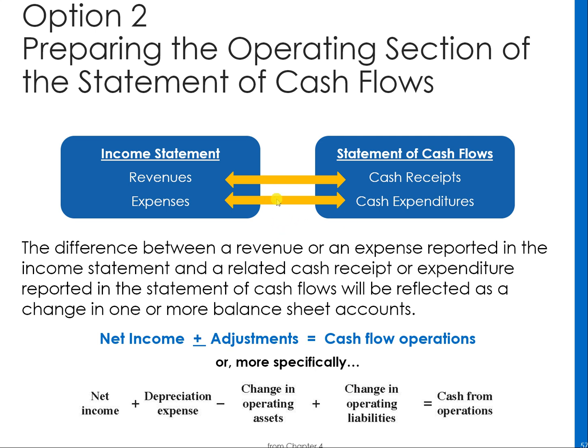If we can find the differences, we can easily turn the net income from the income statement into the statement of cash flows. So what we're going to do is find the non-cash related revenues and the non-cash related expenses, and those things can be found on the balance sheet.